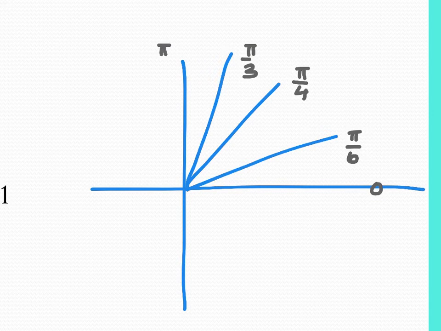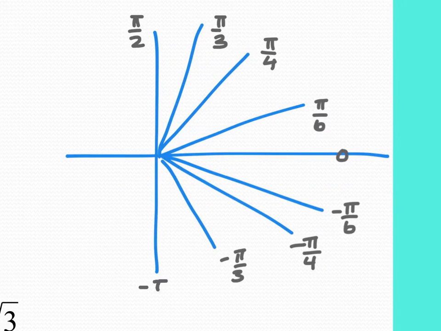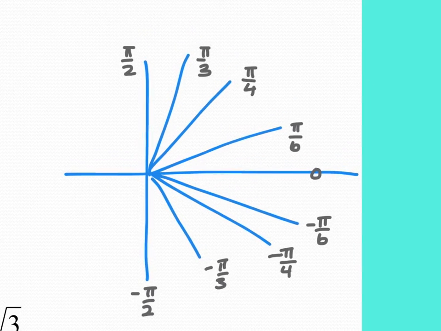This is pi over 2. And then these angles on your unit circle that you're given are going to say 11 pi over 6, 7 pi over 4, and 5 pi over 3. But for the inverse, you want to add on the negative angles. Negative pi over 6, negative pi over 4, negative pi over 3, and negative pi over 2. Because those are what you're going to want to use for this section as answers.